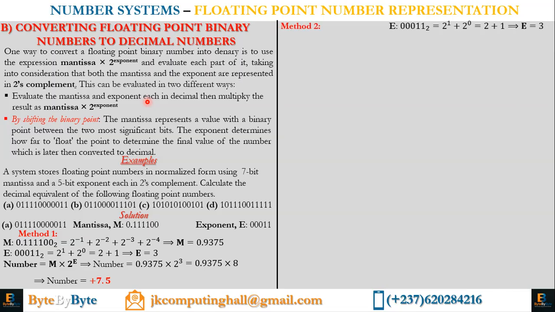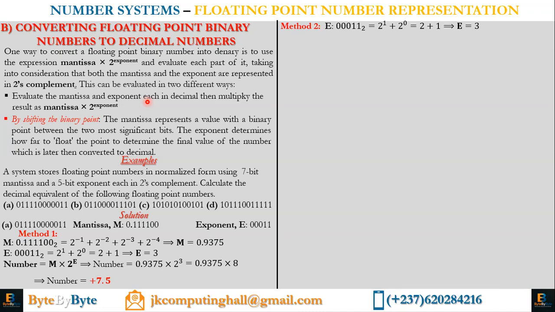Method 2 suggests that having the exponent be 3 means the decimal point needs to be shifted 3 times. And take note, dear student, do not be confused. In conversion from decimal to floating point binary, shifting towards the left implies a positive exponent, and shifting towards the right implies a negative exponent.